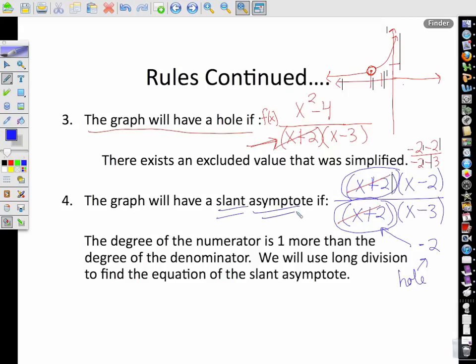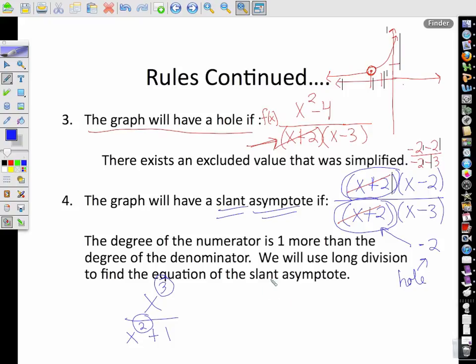All right, the second rule here that we've got is a graph will have a slant asymptote if the degree of the numerator is 1 more than the degree of the denominator. Something like this. If x to the third is 1 larger than the bottom, then that's the degree of the denominator.